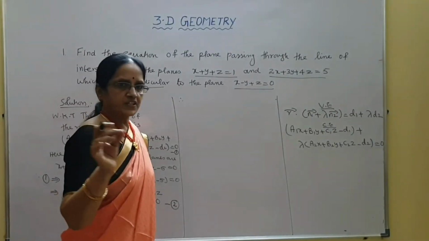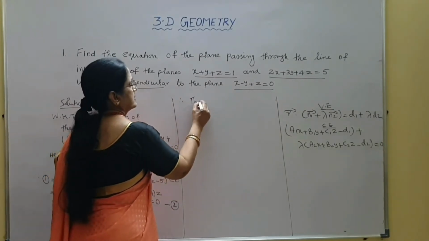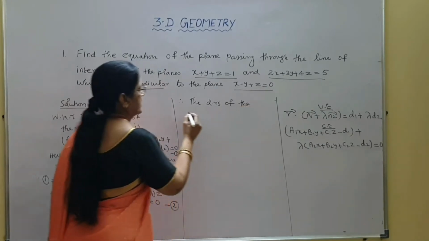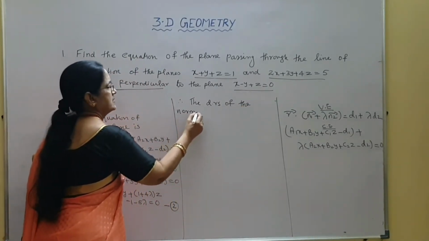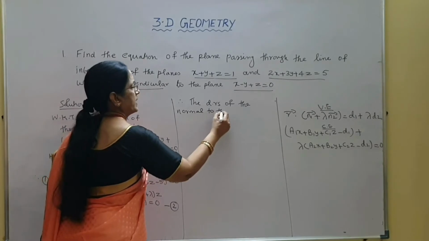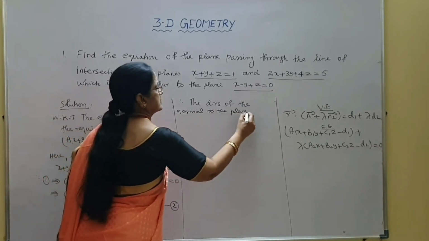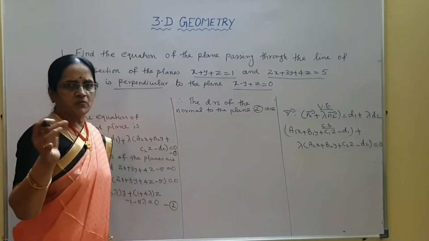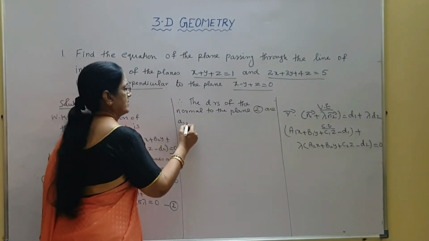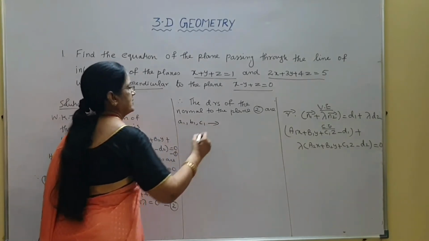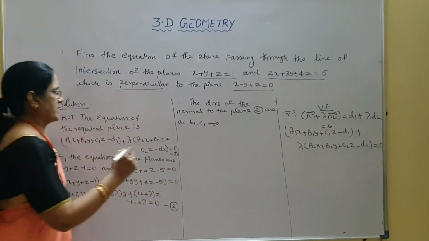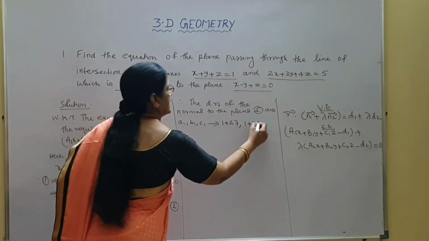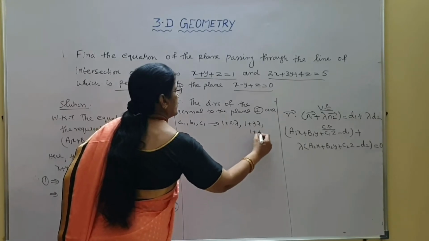The direction ratios of the normal to the plane 2, let us take it as a1, b1, c1, nothing but 1 plus 2 lambda, 1 plus 3 lambda, 1 plus 4 lambda.